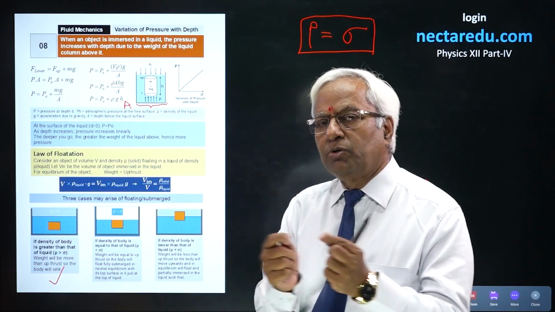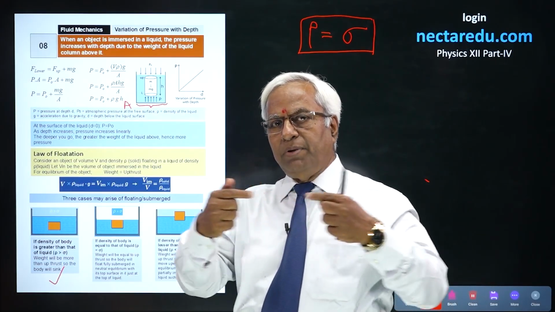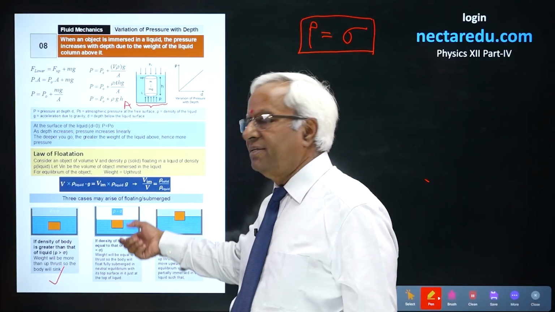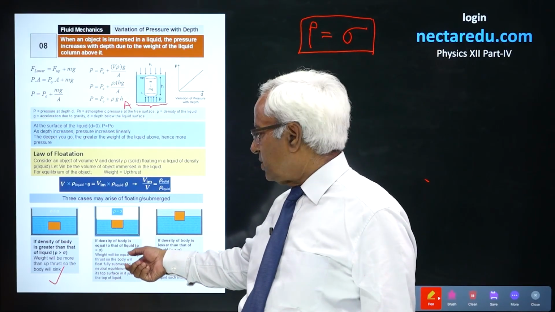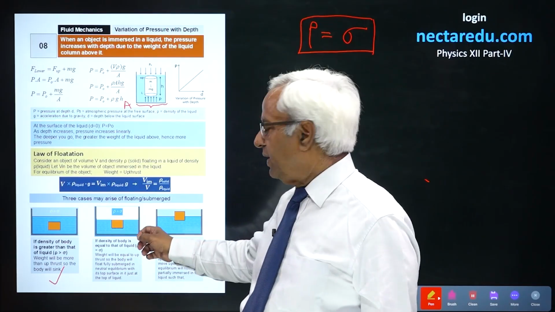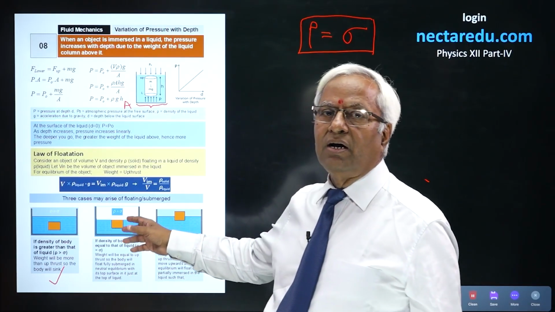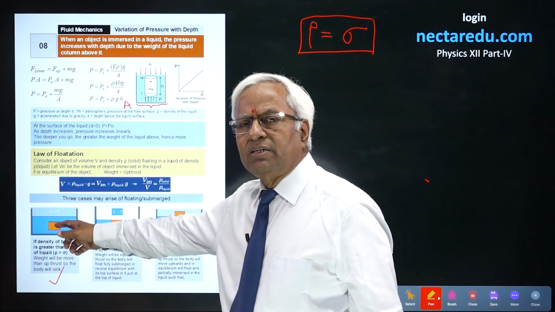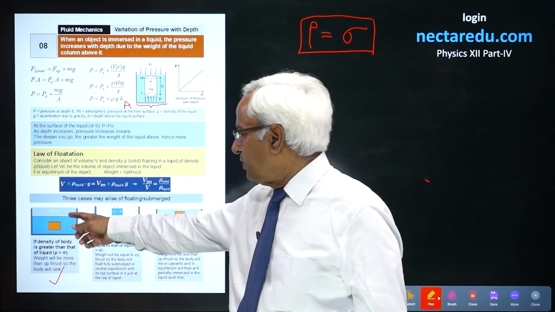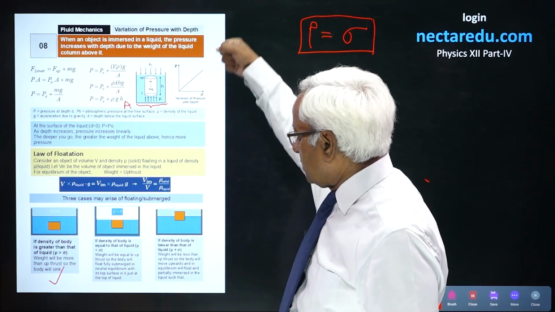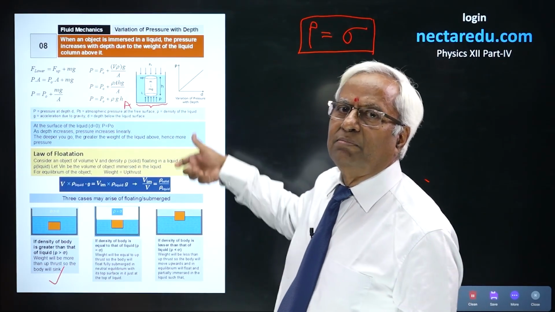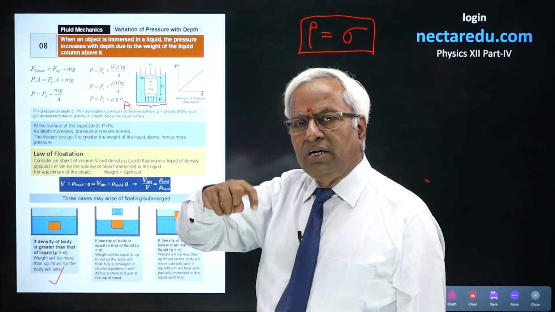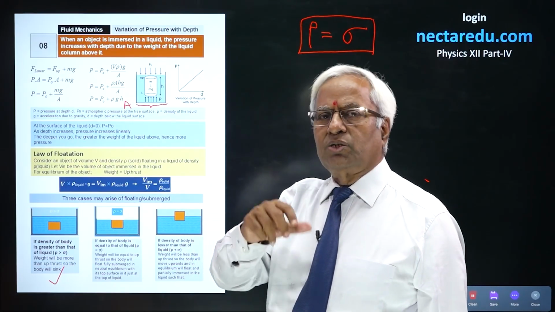Both will tally, both will coincide, both will appear along the same line. This is the most interesting case of flotation, but this is possible only when both densities are equal. Here, a simple jerk is also not needed for the body to sink. In the previous case, if you just push it, again it will come upward. But in this case, if you just push it, it will go down to a certain distance.